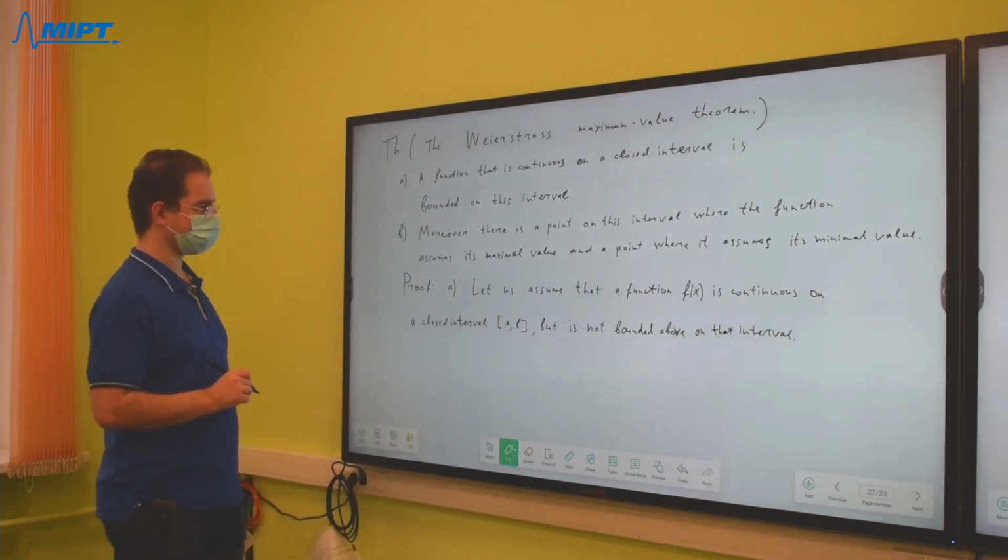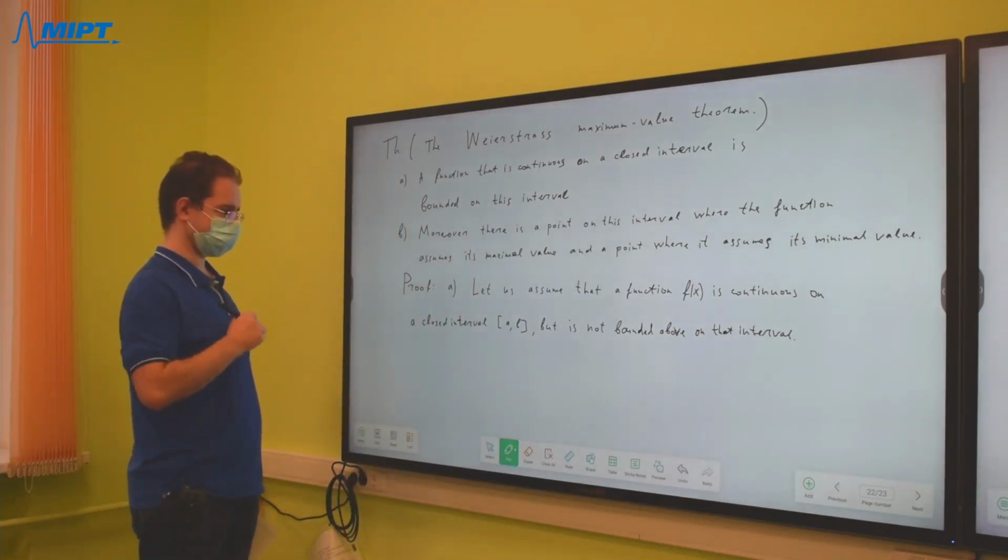So, suppose we have a function that is continuous but not bounded above.